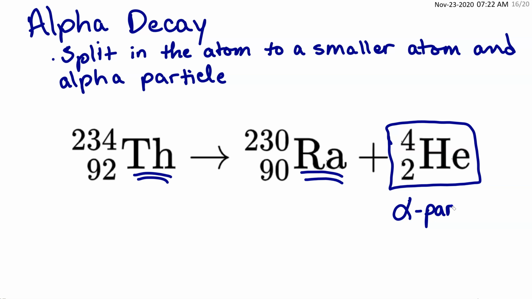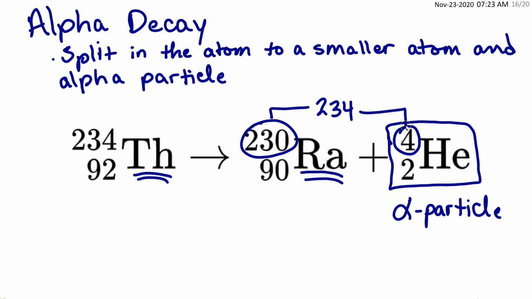Now, an alpha particle also looks like a helium atom. In addition, I want to draw your attention to the fact that the mass numbers of the alpha particle and our daughter nuclei add up to 234, which is what we started with. It is normal and expected that in a nuclear reaction, the mass numbers on one side add up to the mass numbers on the other side.